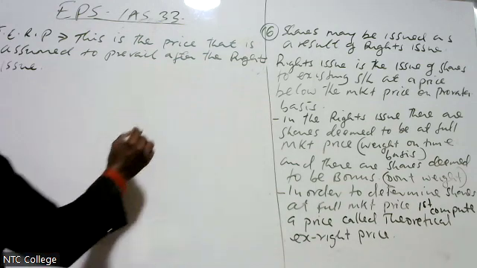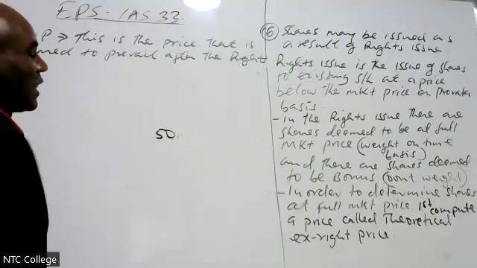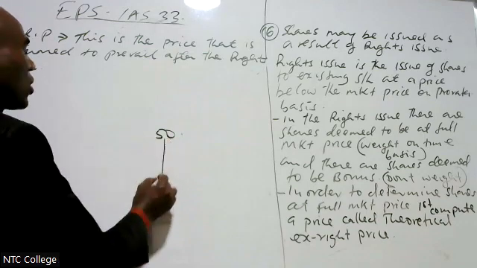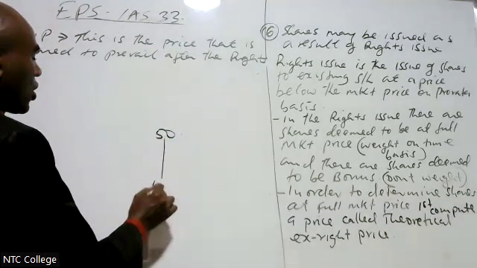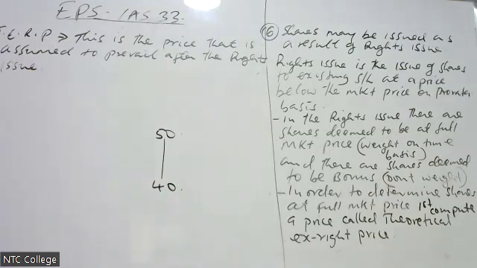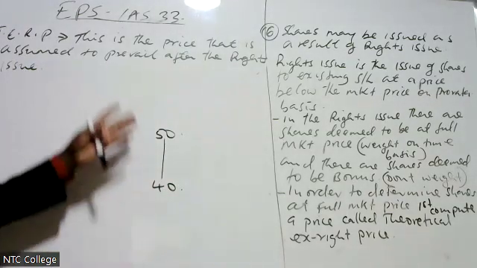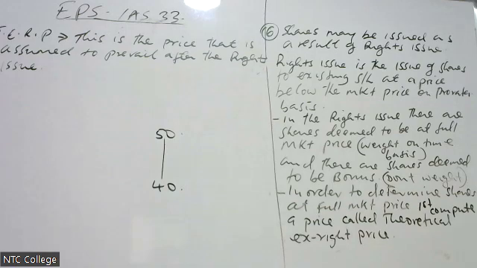Like, for example, my market price of the shares is 50. Then I'm giving you shares a rights issue at shillings 40. Therefore, I'm giving you shares at a price below what? The price of 50, below the market price.